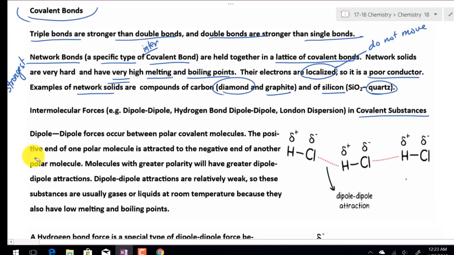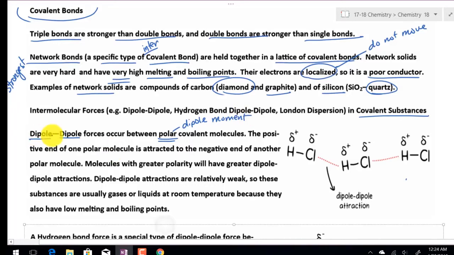Okay. One type of intermolecular force between covalent substances is dipole forces, which occur between polar covalent molecules. A molecule with a dipole moment is considered polar. Guess what happened to this name?